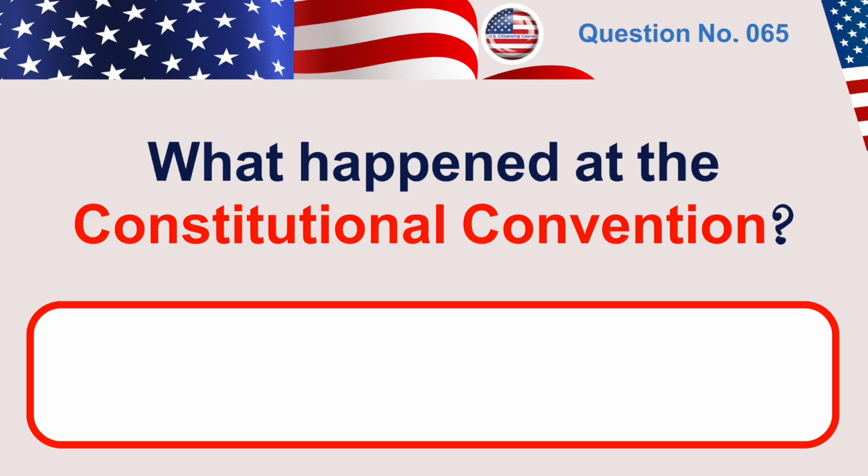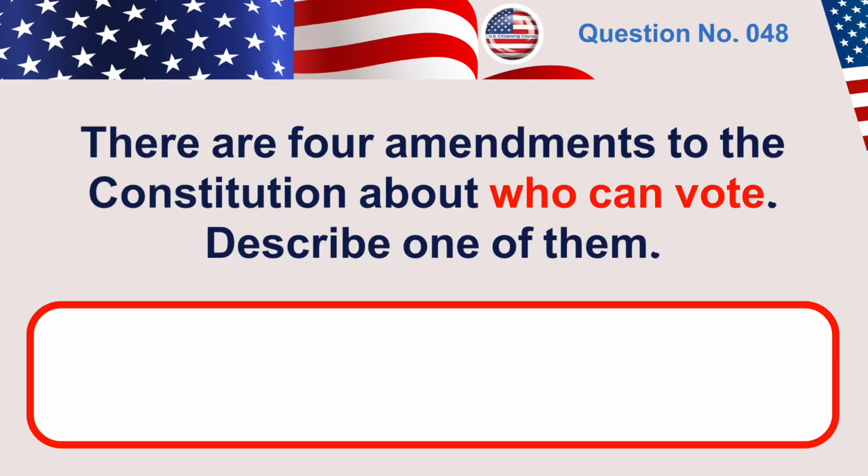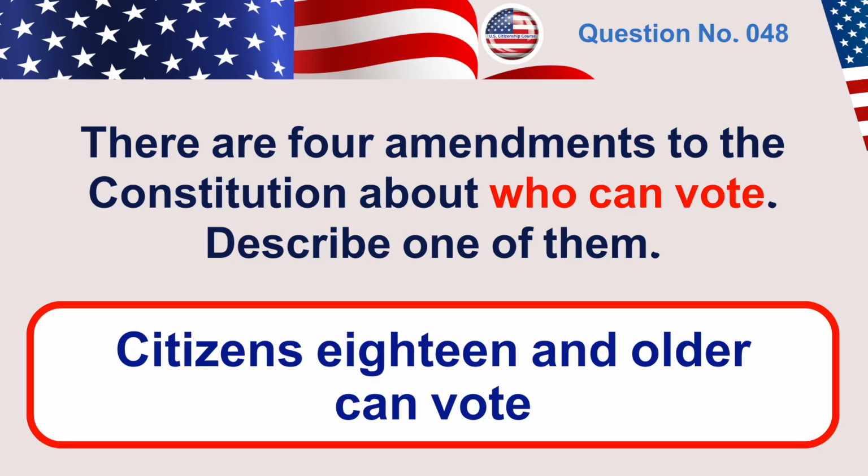What happened at the Constitutional Convention? The Constitution was written. There are 4 amendments to the Constitution about who can vote. Describe one of them. Citizens 18 and older can vote.